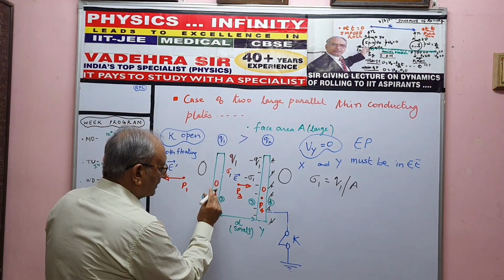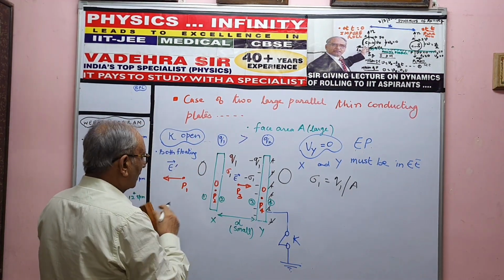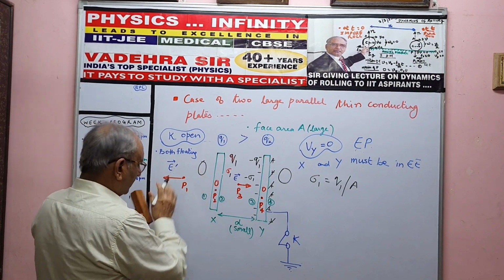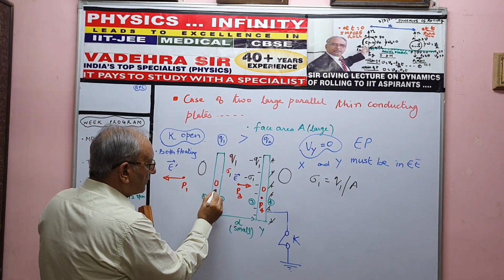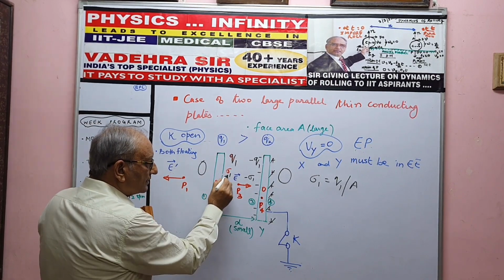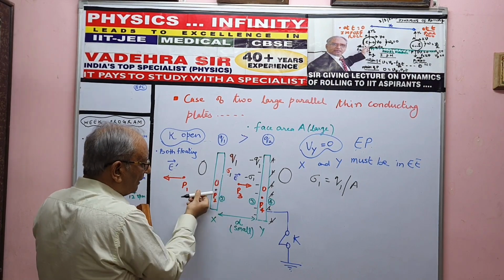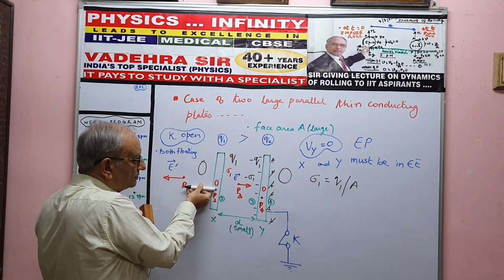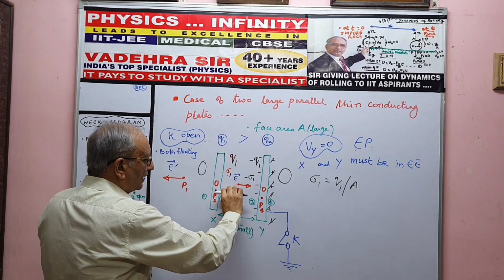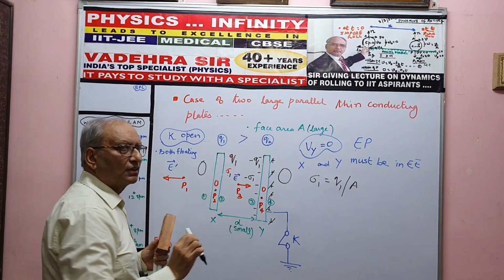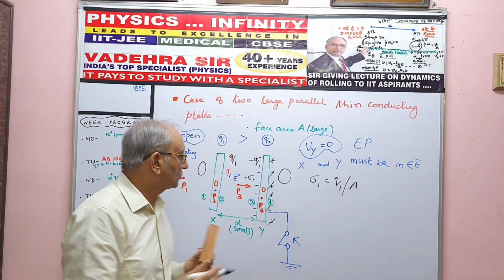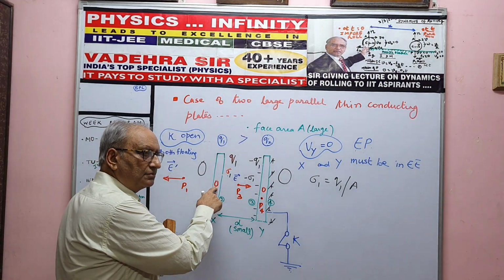Now let us consider the point P2. Sigma 1 will create a repulsive field like this, and minus sigma 1 here, equal and opposite. So again the field is 0 here.